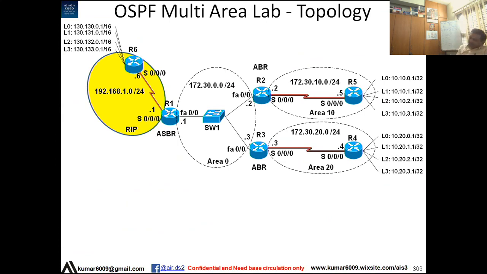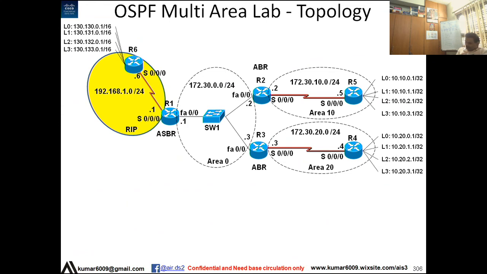Good. Then we go to the router configuration mode. There, network 172.30.0.2. What is the syntax? Tell me. Directly connected network interface. Network address.